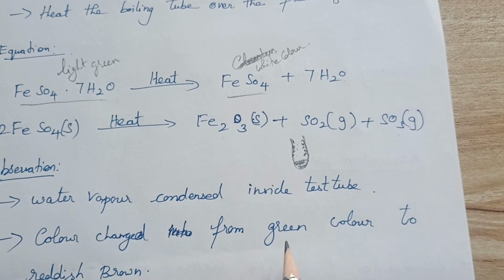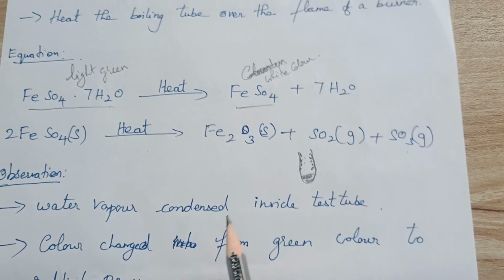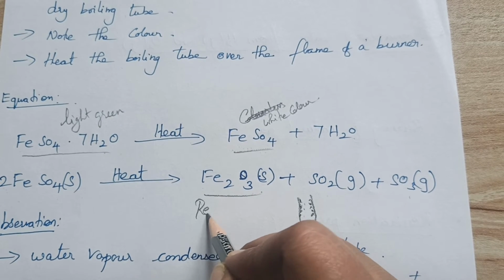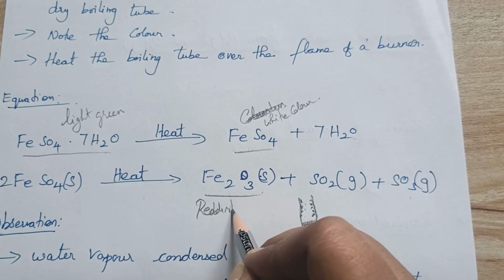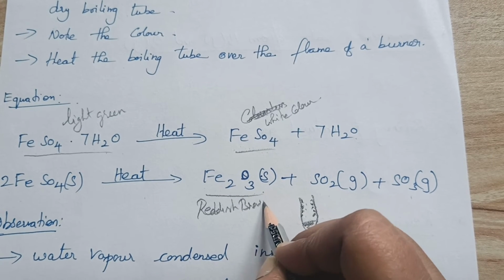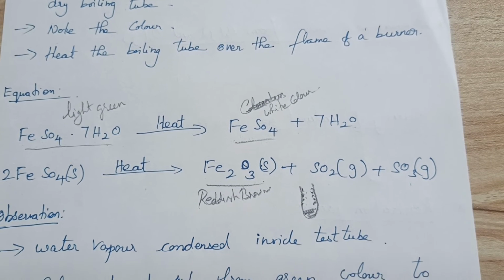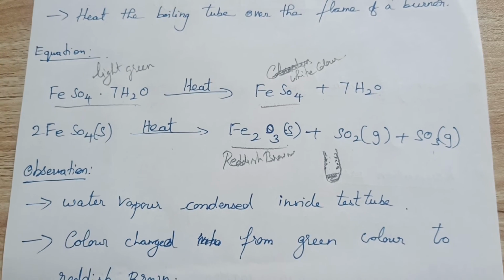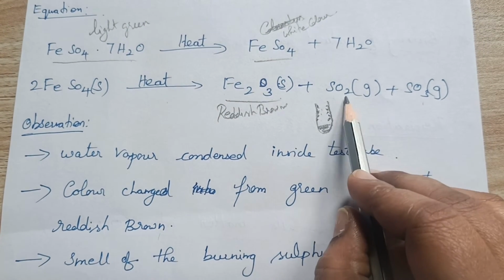The color changes from green to reddish brown. Upon heating, the ferric oxide is reddish brown in color. Then what other observation? You can smell burning sulfur, right? So sulfur dioxide is produced.